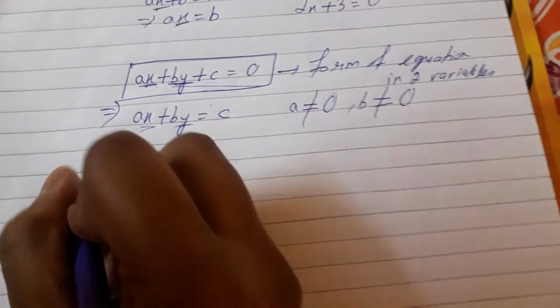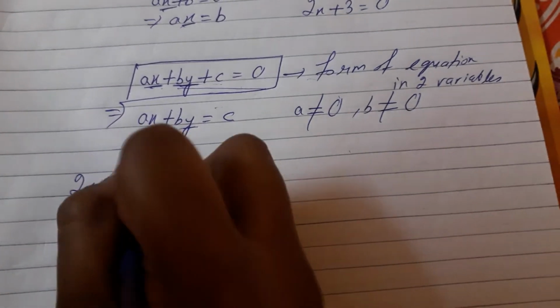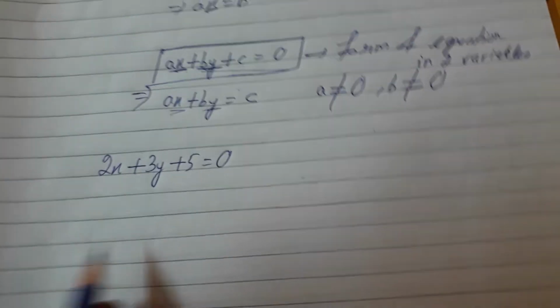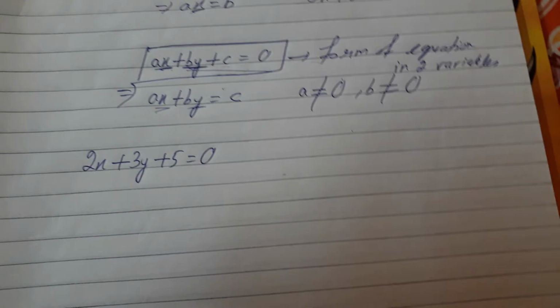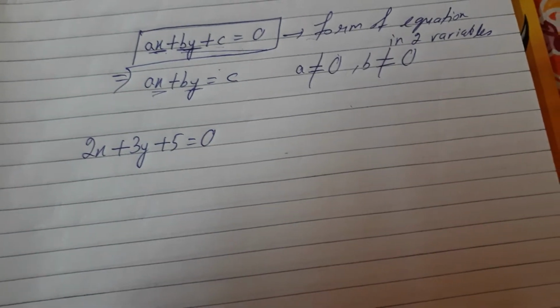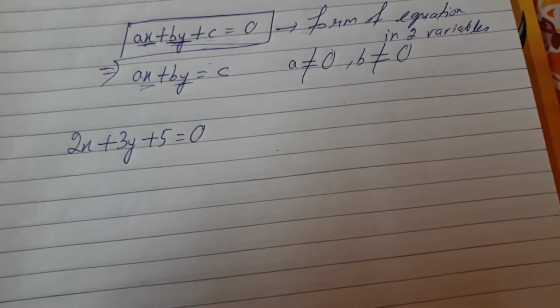Suppose some equation is given to you, that is 2x plus 3y plus 5 equals 0. Now you have to find a, b and c.